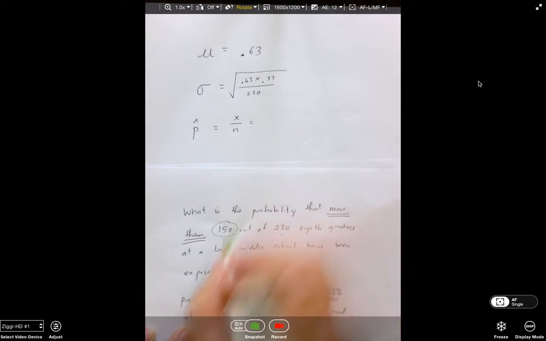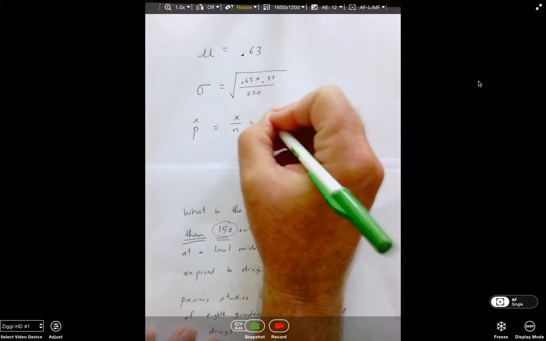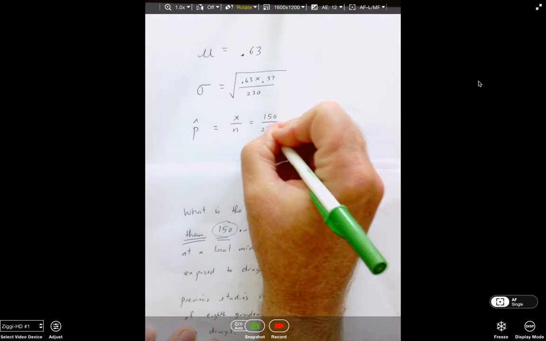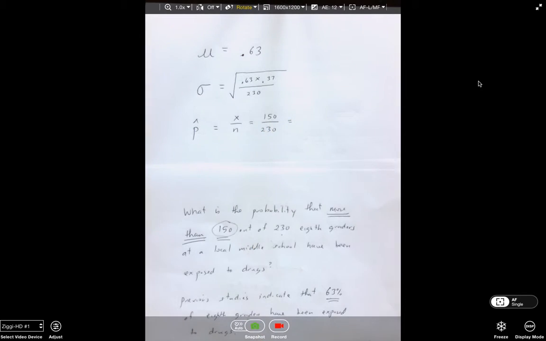We found out that 150 of these kids out of the 230, you can put this in our calculator.